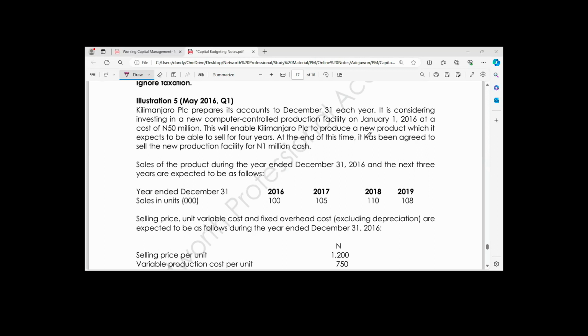Sales of the product during the year ended December 31st, 2016, and the next 3 years are expected to be as follows. Selling price, unit variable cost, and fixed overhead cost, excluding depreciation, are expected to be as follows during the year ended December 31st, 2016.